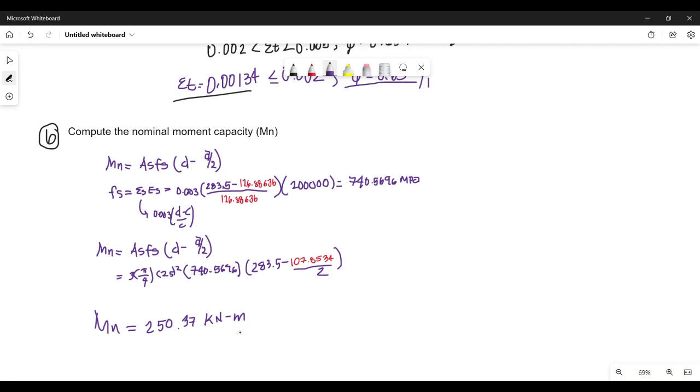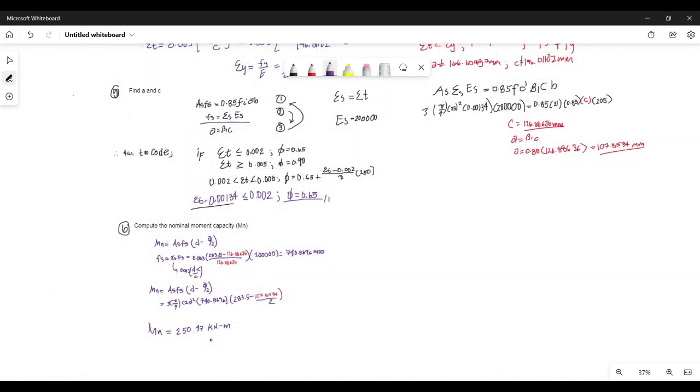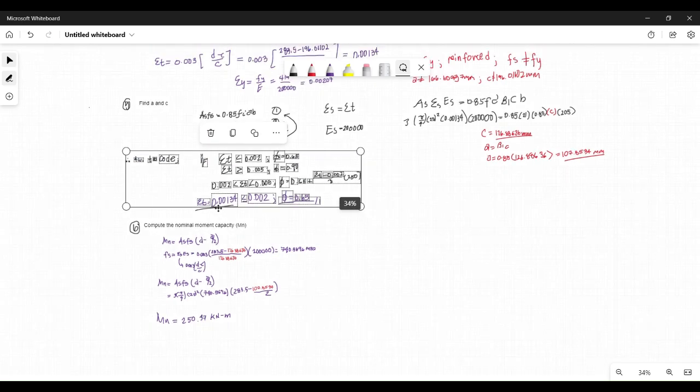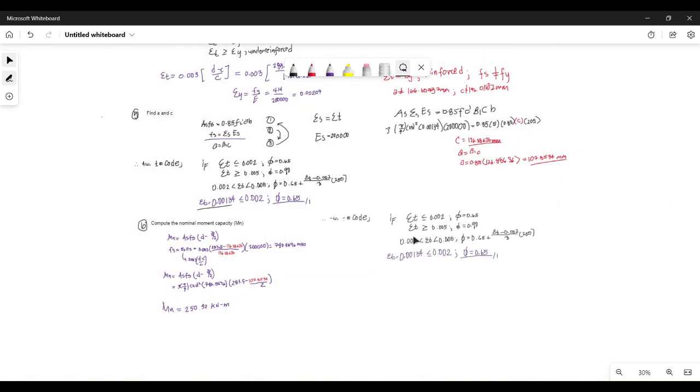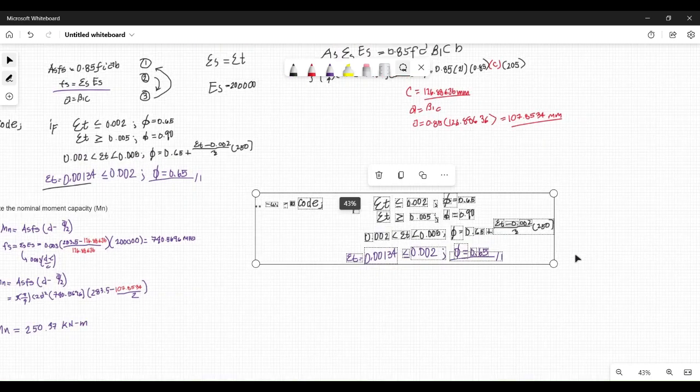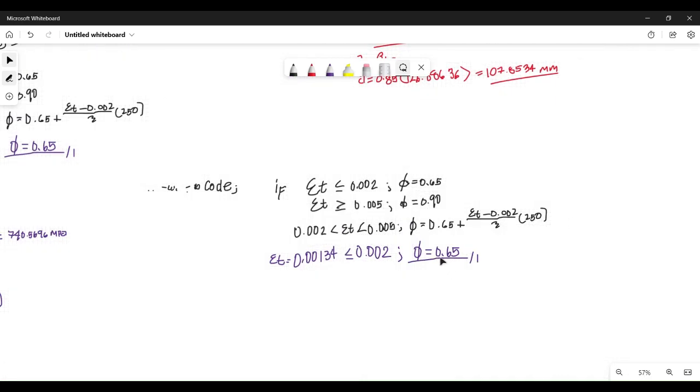After that, the reduction factor from earlier. Do we have a reduction factor? According to code, we have to copy this one. Getting our reduction factor: if your strain T is less than or equal to 0.002, you will use a reduction factor of 0.65.